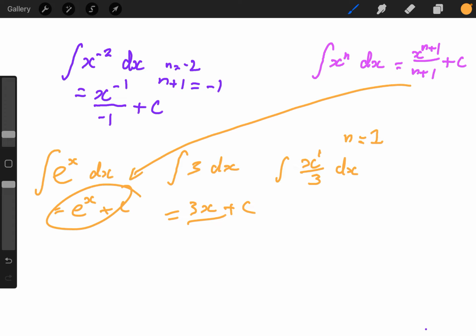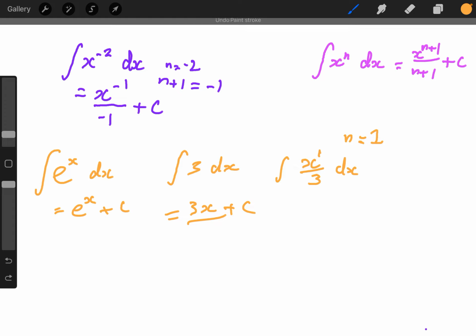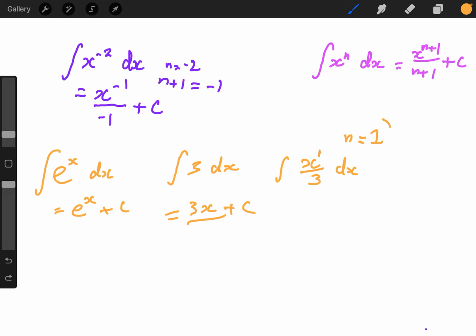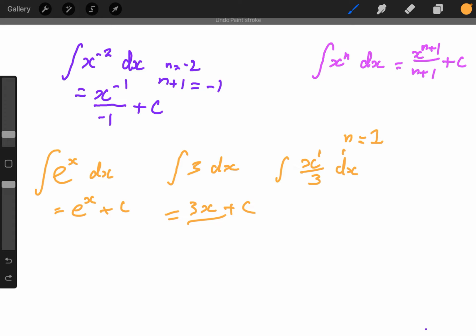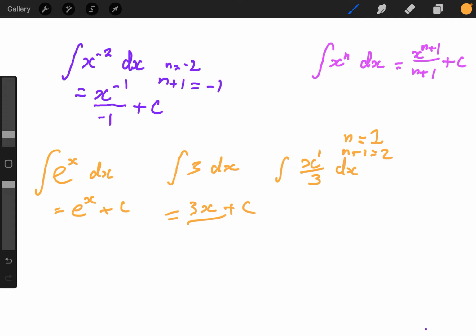So this one, n equals 1, n plus 1 equals 2. So should be, if I am correct, x squared.